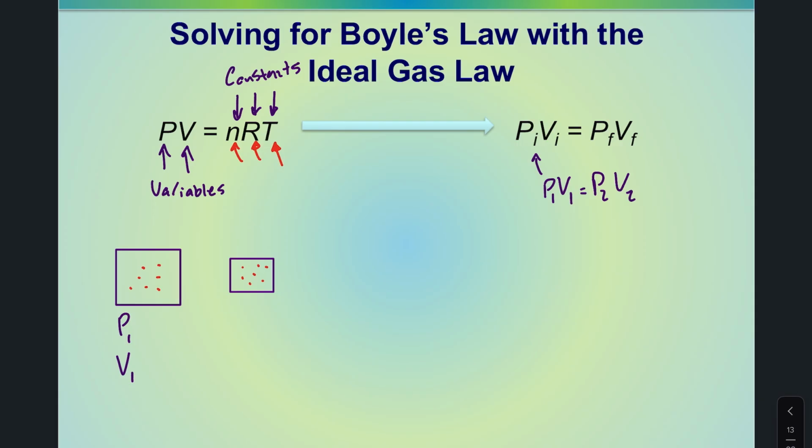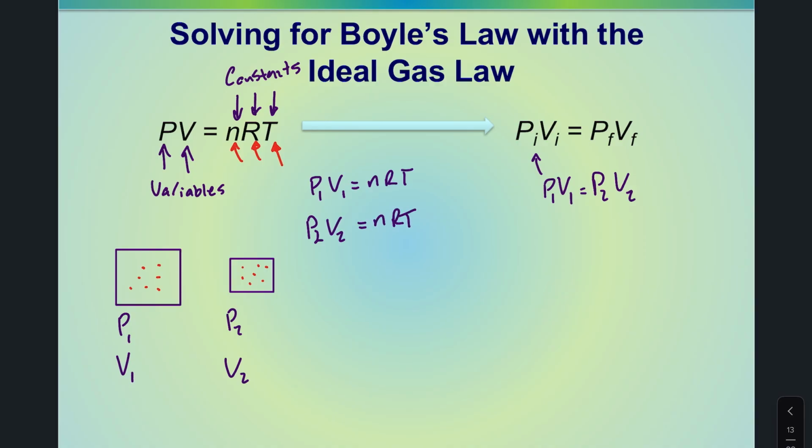So we have now on the other side a different pressure, P2 and V2. And so we've changed the volume, which may change the pressure. The volume has gone down, which may change the pressure. But all of these are the same. So we can say that P1V1 equals nRT, and P2V2 equals nRT.